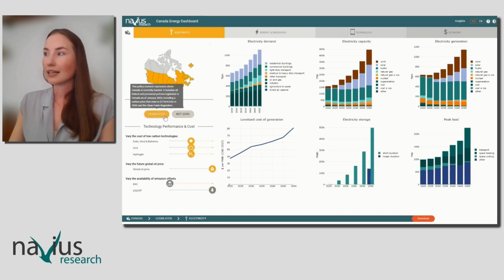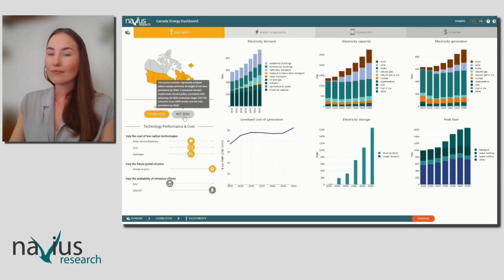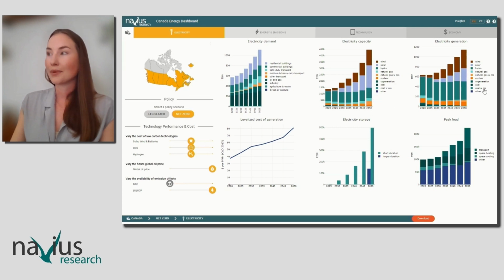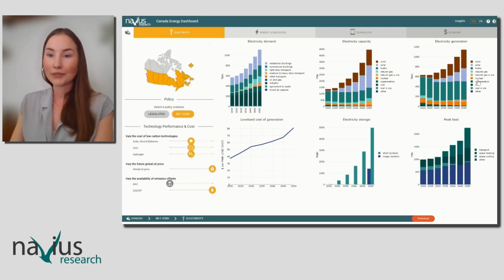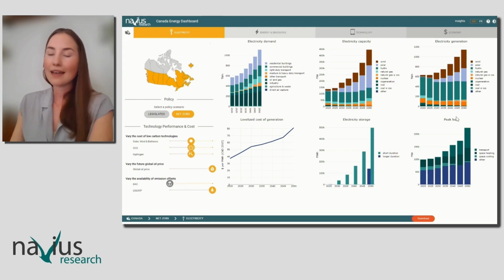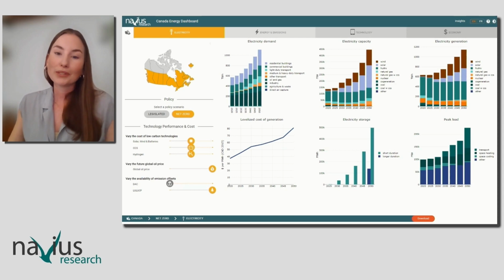So here's legislated policy, and under net zero policy, we see a significant increase in both wind and solar generation, which increases from about 35 terawatt hours in 2020 to 600 terawatt hours in 2050 in this scenario. And this increase in demand will present a challenge for our electricity sector, as you can see in the peak load figure below here.